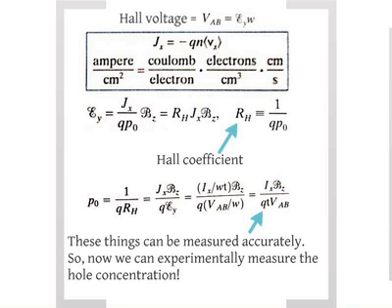And it becomes obvious now. This is the carrier concentration. So let's write down what that is. P naught explicitly is 1 over Q times RH. From here.